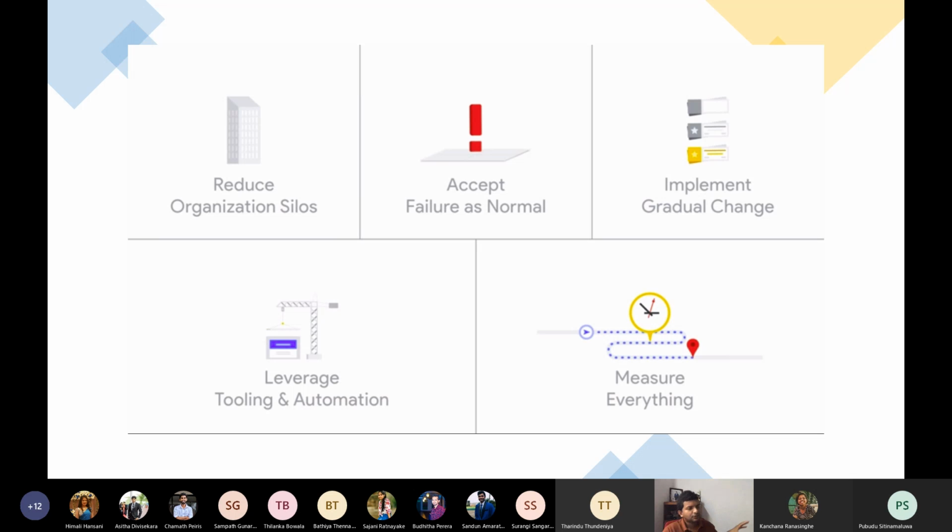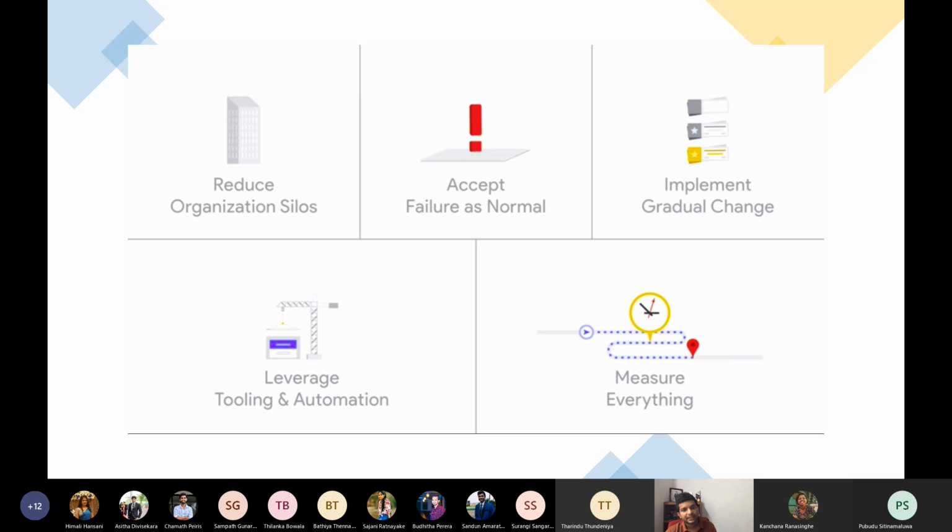We have these different teams in an organization, but all of them are working towards a common goal. That's to make their customers happy, to produce a reliable system. So we need to think of ways to reduce these barriers and make sure that everyone works together as one unit. That is important.